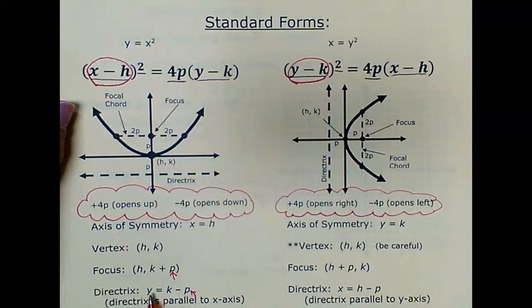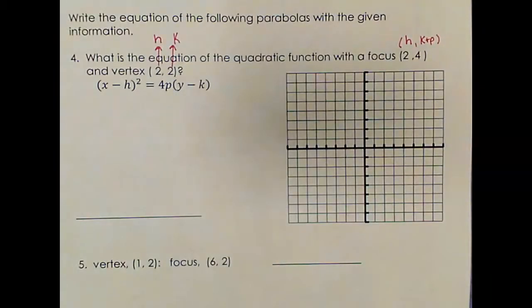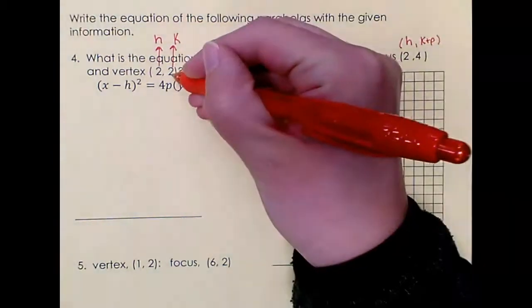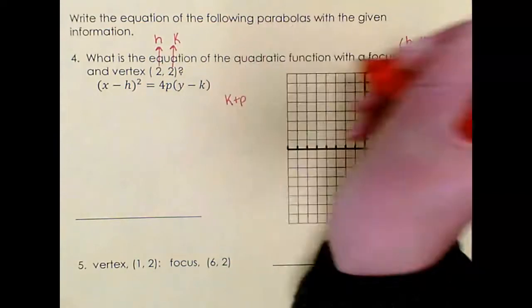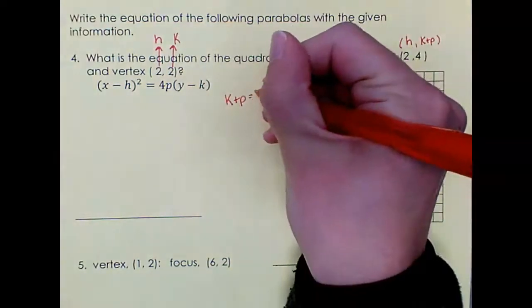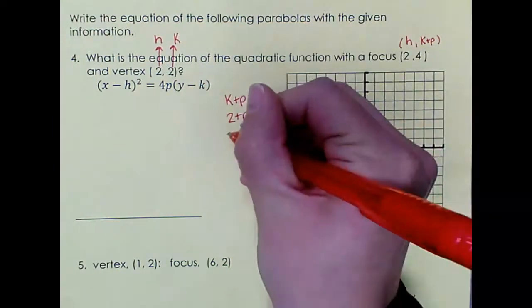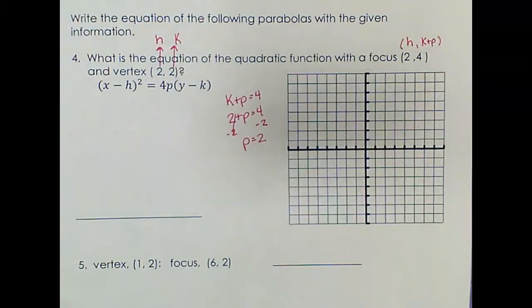My directrix will be y equals k minus p. So here, if k is 2 and k plus p is 4, well then p has to be 2, right?